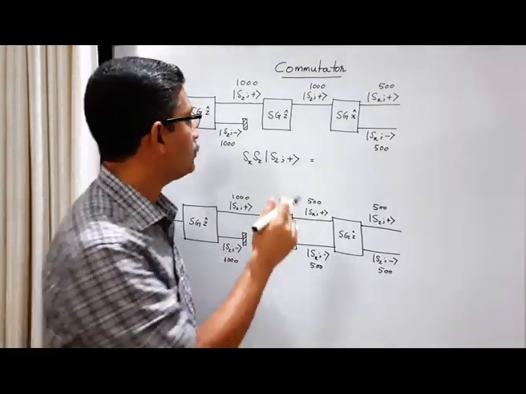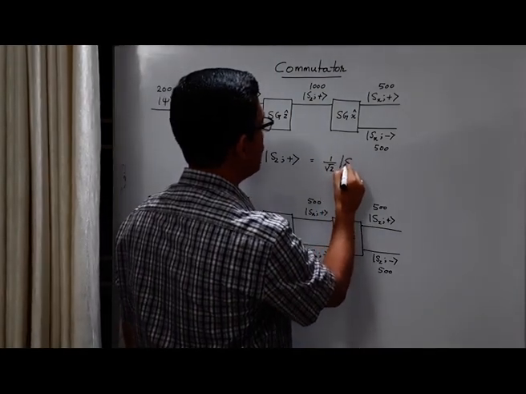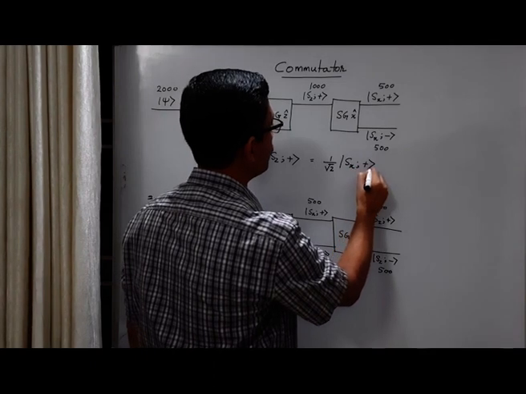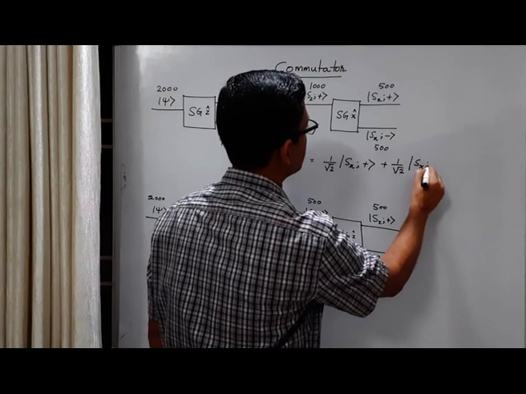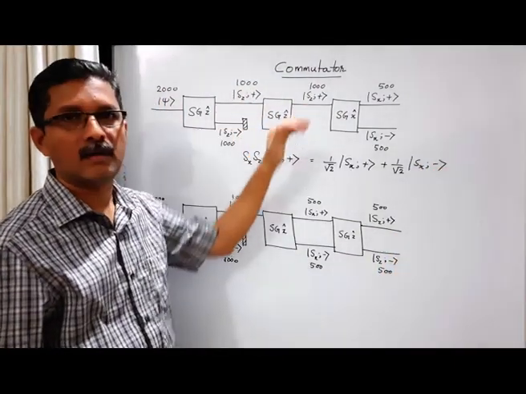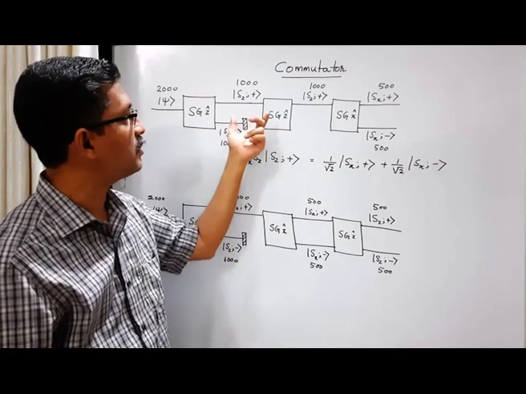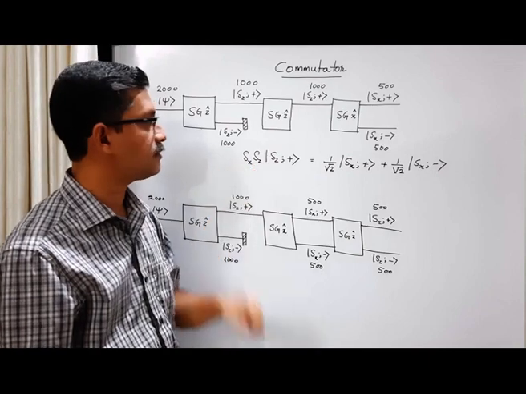So what you get here is 1 by root 2 times Sx plus, plus 1 by root 2 times Sx minus. This is the mathematical statement of this sequential measurement, Sz first and Sx next.